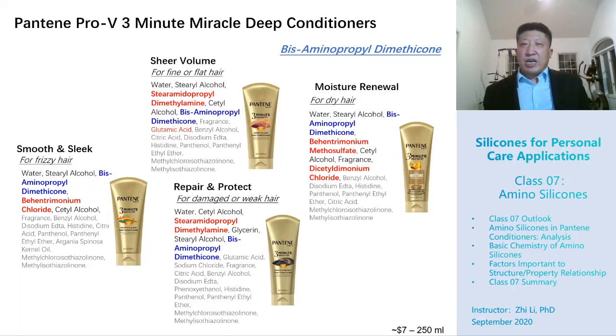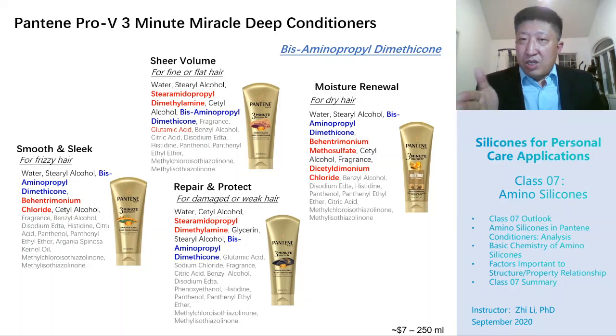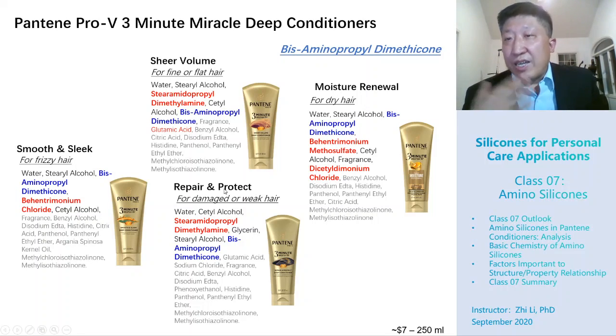There are quite a few fine differentiations of products for this whole 3-minute miracle conditioner series. I just picked 4 here. Common ones for frizzy hair and damaged hair. I think the repair and protect is probably the most common, highest sale one among the 3-minute miracles.